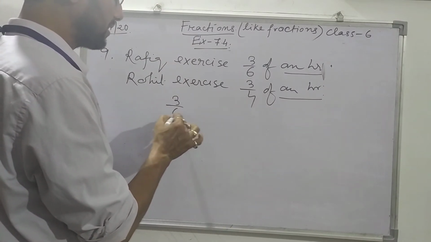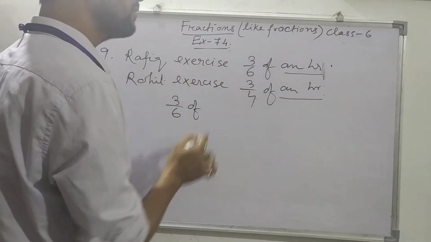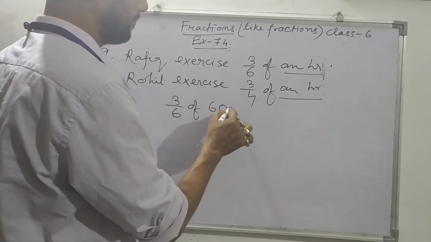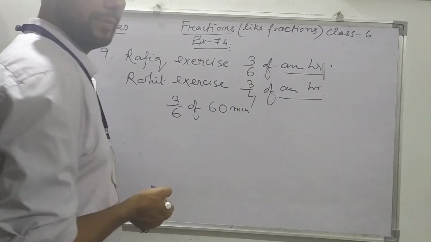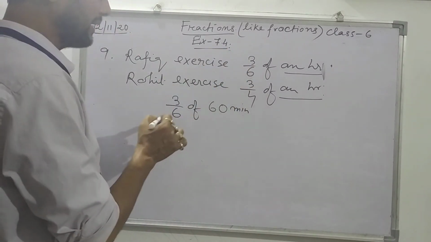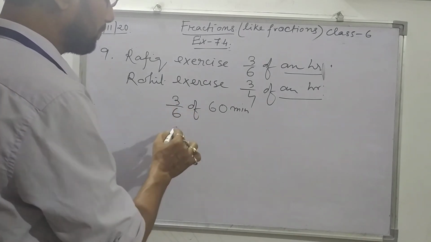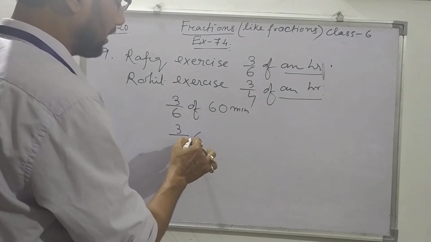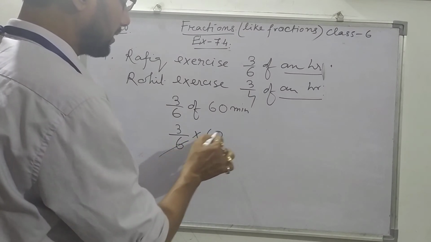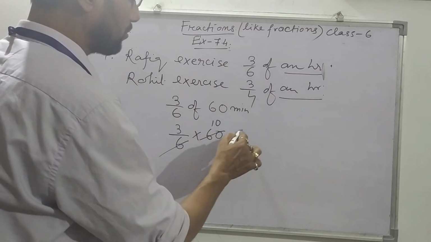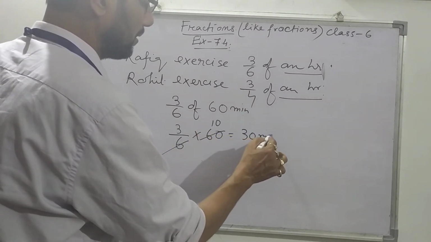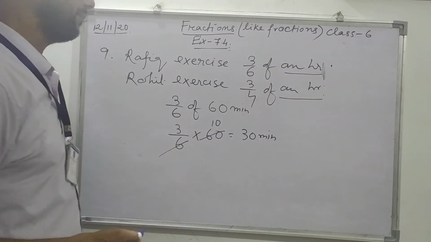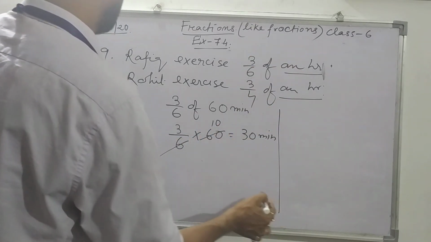3 by 6 of 1 hour means how many minutes? 60 minutes. Of means multiply, as we know, so 3 by 6 multiplied by 60. 6 10s are 60, so it is 30 minutes. This is for Rafiq.